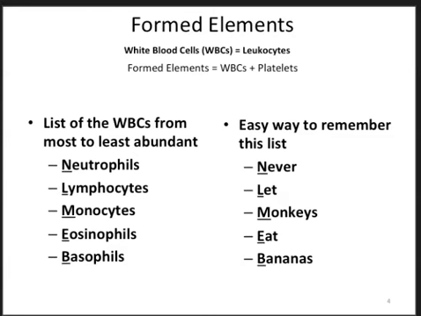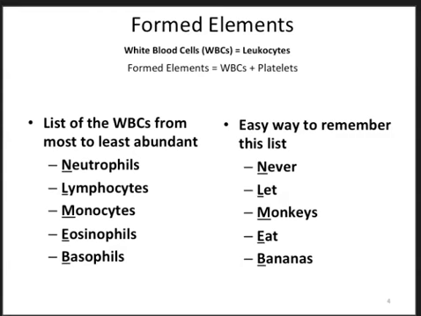The leukocytes are the white blood cells, and they're our body's defenses. What they're capable of doing is defending you against components called pathogens, which can either be living or non-living entities that are capable of making you sick. The thrombocytes are the platelets, and they're involved primarily with blood clotting.